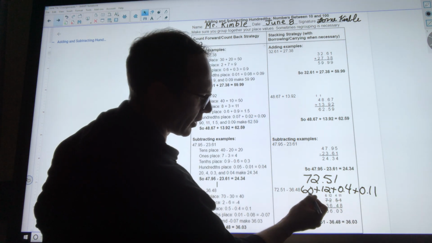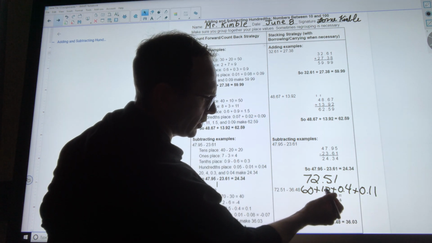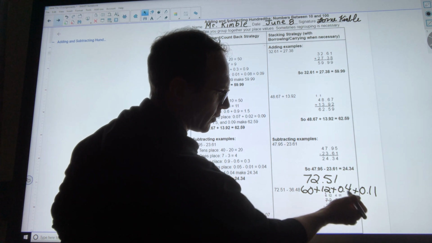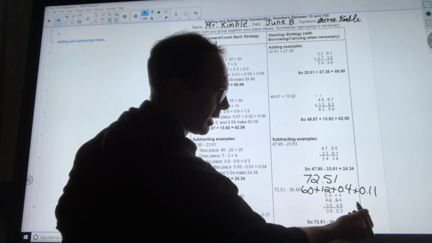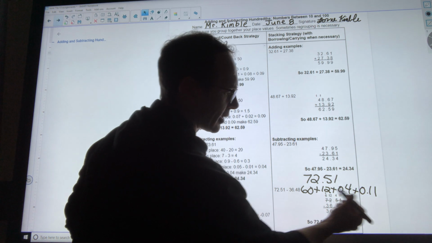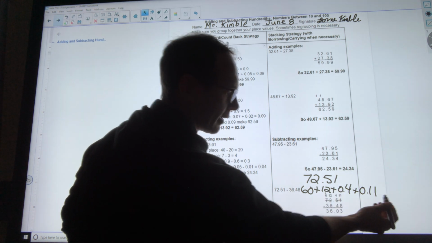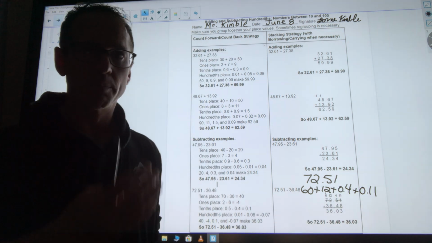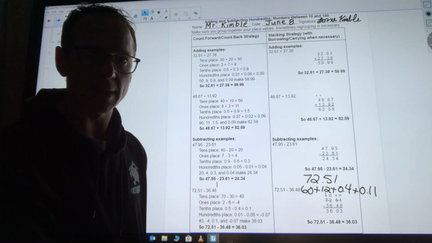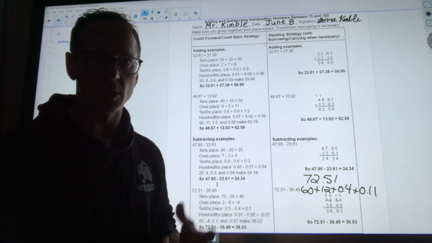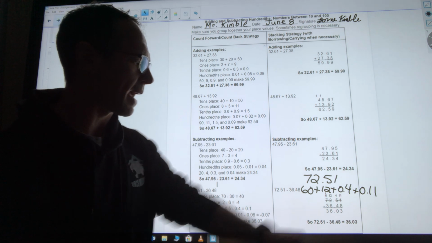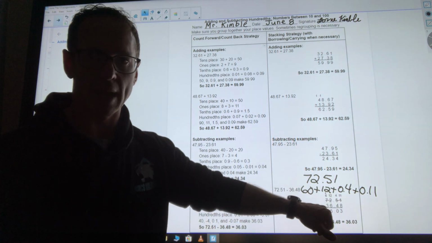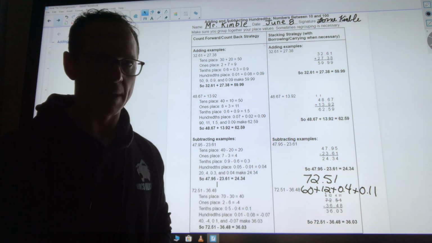So if I look at this, 60 plus 12 is 72, 72 plus 0.4 is 72.4, and then add 11 hundredths, I have 72.51. So I didn't actually change the amount that's there. I just regrouped them so that they will work better for this stacking strategy. So something to keep in mind.